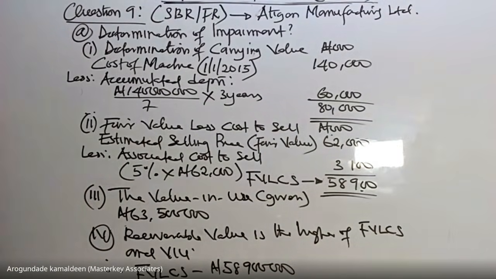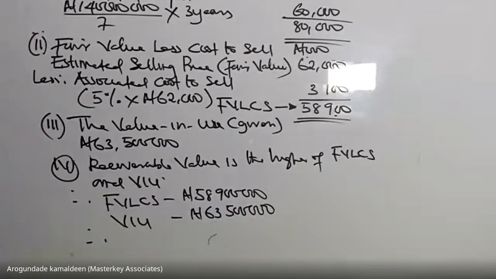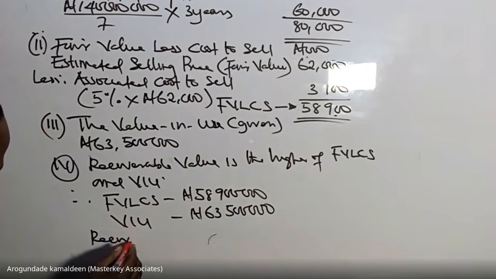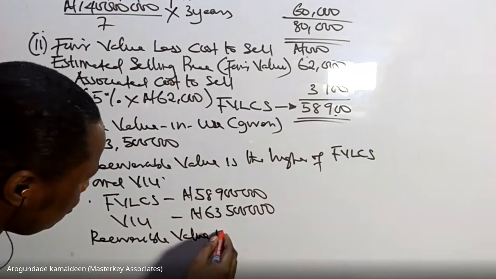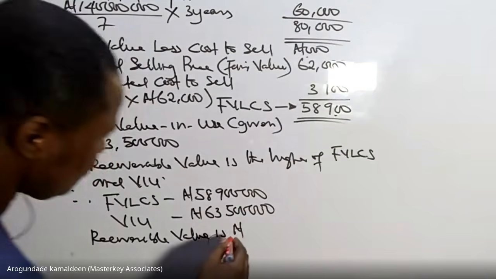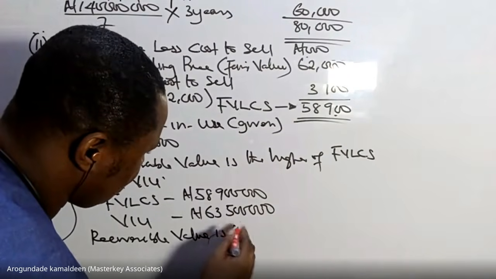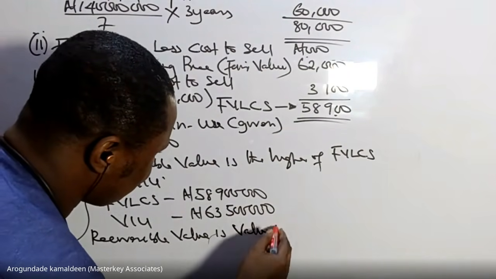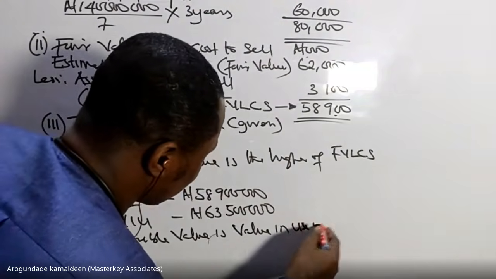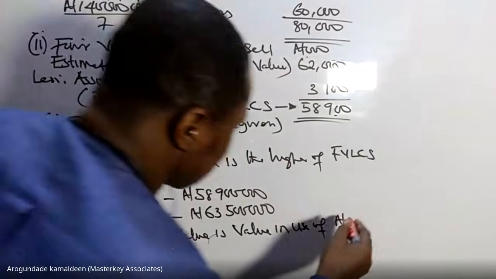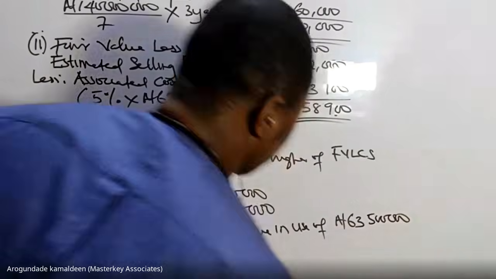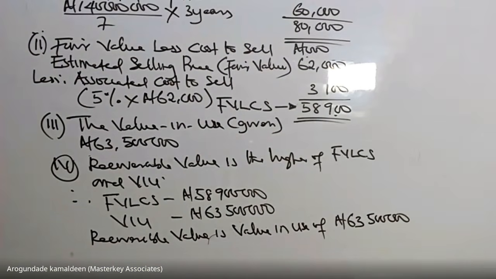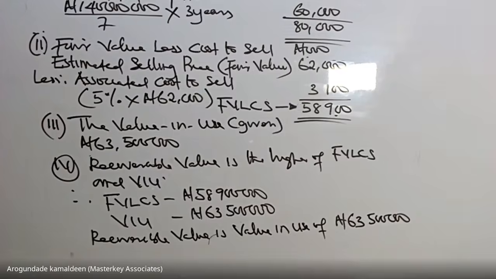Therefore, the recoverable value is the value in use of 63,500. So we can now find out the impairment.